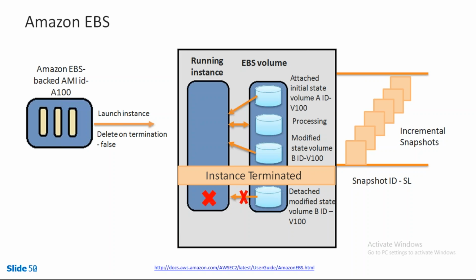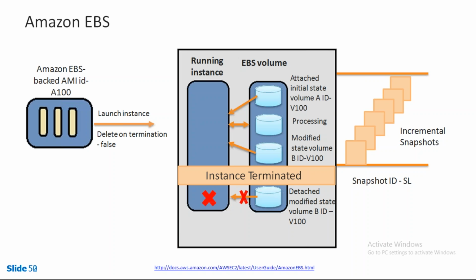The volumes will still be there in your regions or availability zones, so that using those volumes you can launch instances in the future, or once the instance is launched you can attach these volumes to it and access the data.